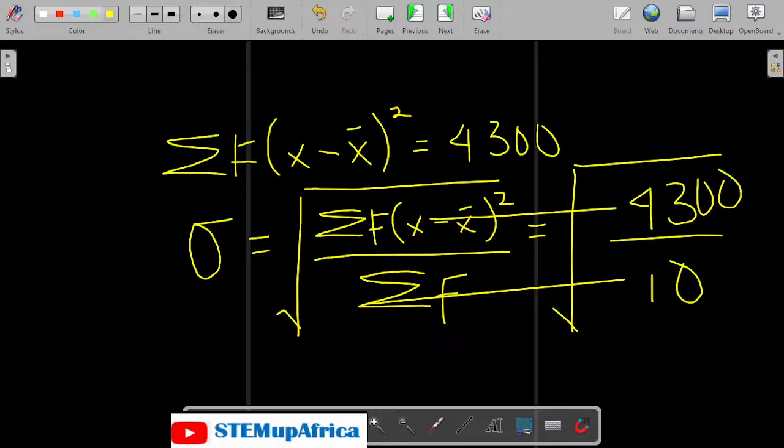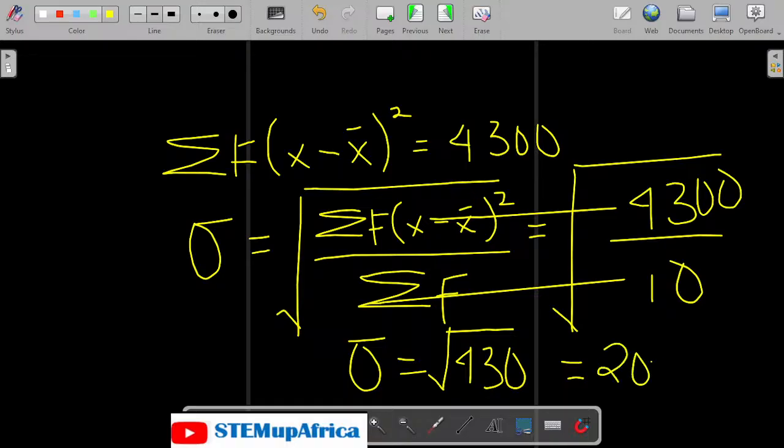That will give me 430. So my standard deviation is now the square root of 430, which will give us 20.7. You can choose to approximate it to 21. That is now our standard deviation.